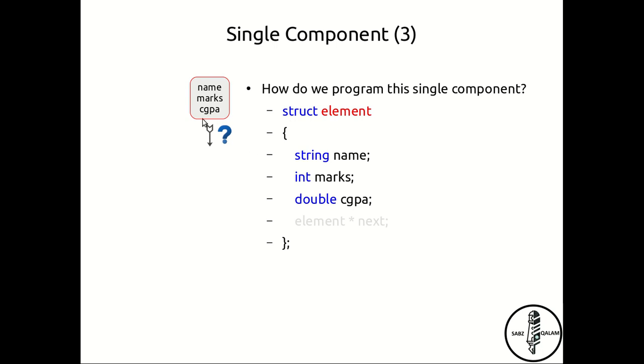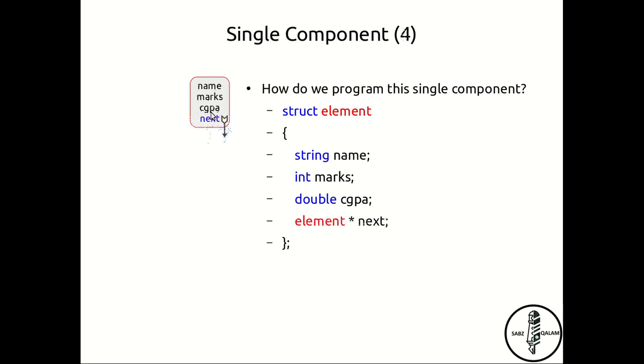But the interesting part is how can we program something that points to the next element? Wait a minute. Something that points to, oh, you know what? How about using a pointer? So you can actually use a pointer. Notice what happens here.